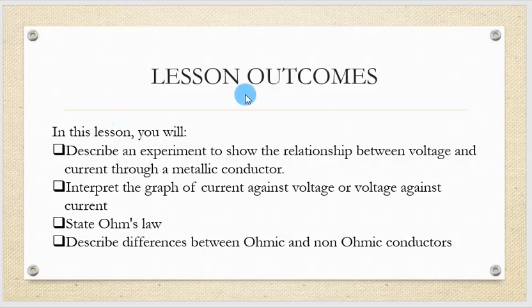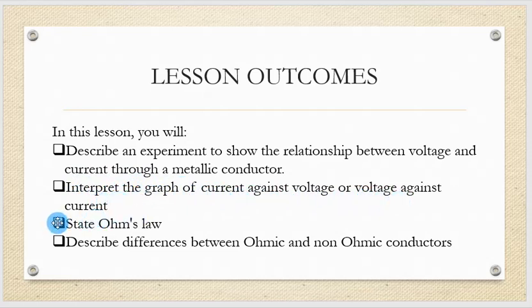Alright, so in this lesson you will be able to describe an experiment to show the relationship between voltage and current through a metallic conductor. Then you will interpret the graph of current against voltage or voltage against current.